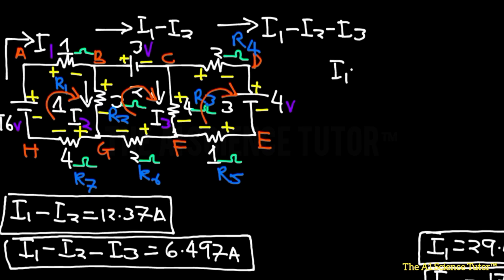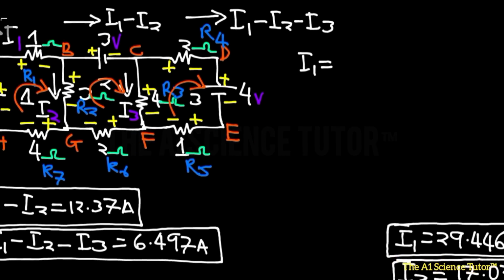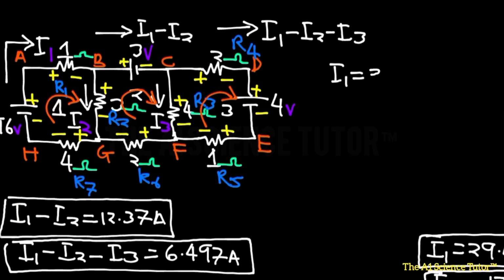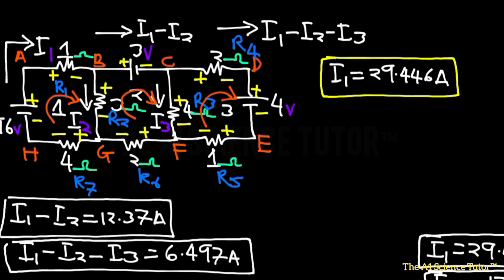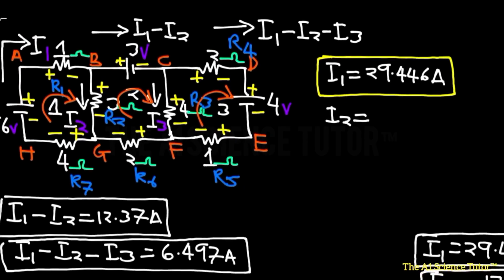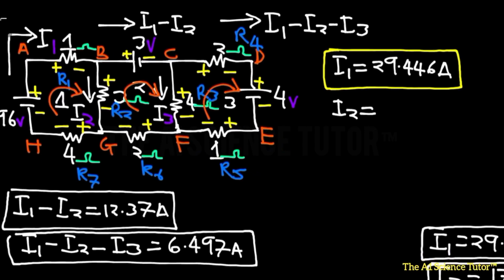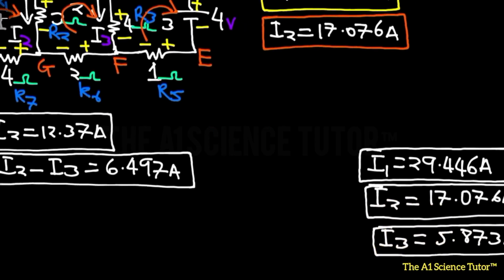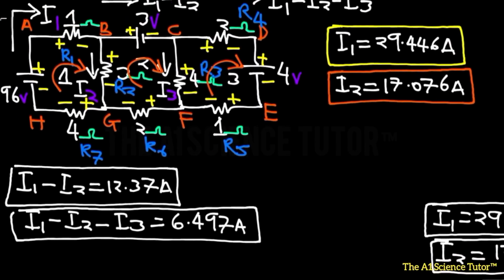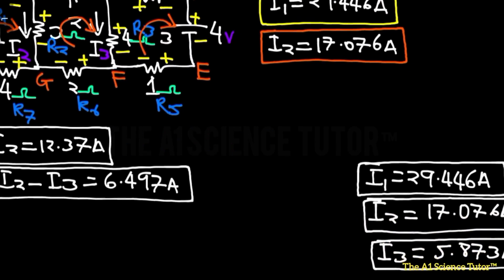So I1 is equal to 29.446, I2 is 17.076, and I3 is 5.873, rather 5.87.